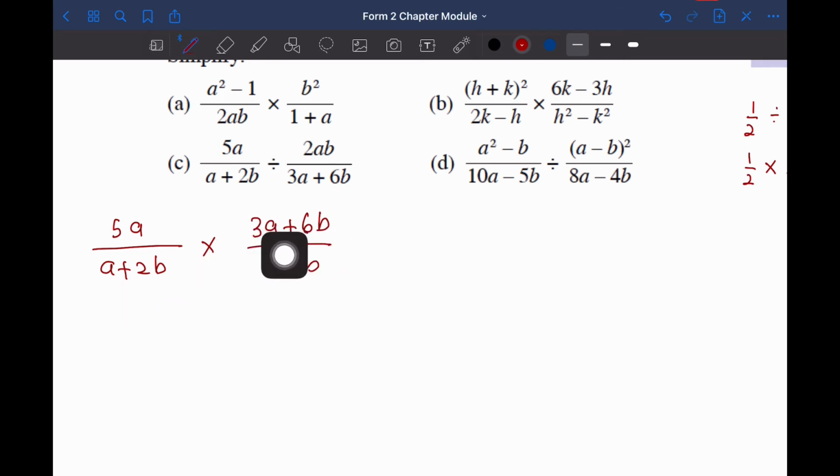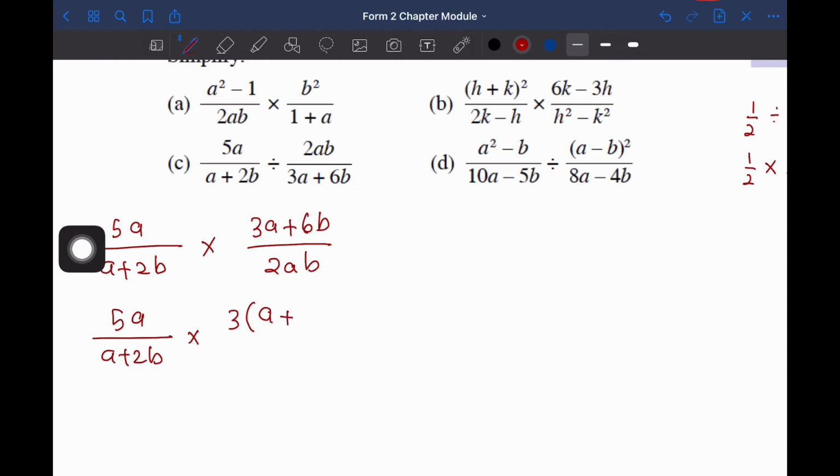Yang ini kalau saya bahagi 3, saya keluarkan 3, akan dapat macam ni. Kita cuba buat 5A over A plus 2B times, 3 dan 6 sama sifir 3 kan, so saya keluarkan nombor 3. So 3A bahagi 3 dapat A, tambah 6 bahagi 3 dapat 2. Kan dah sama atas dan bawah, kan. So kita sambung over 2AB.